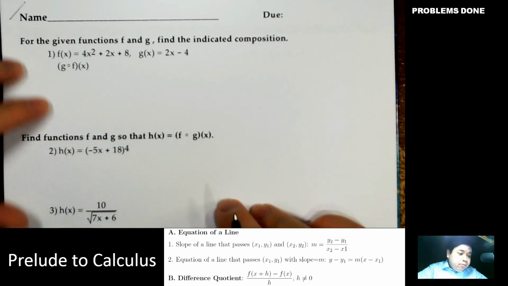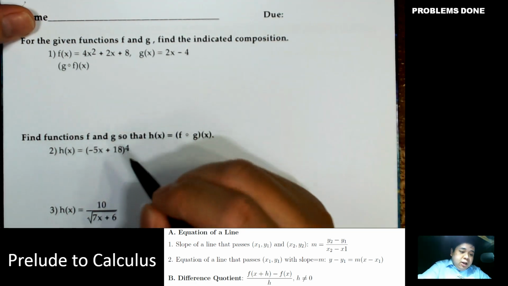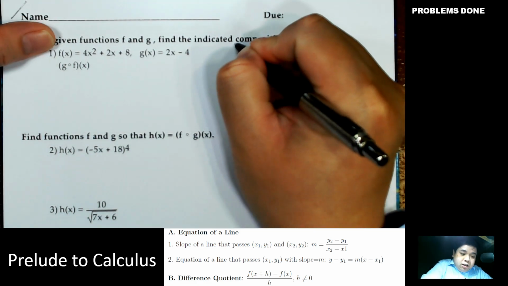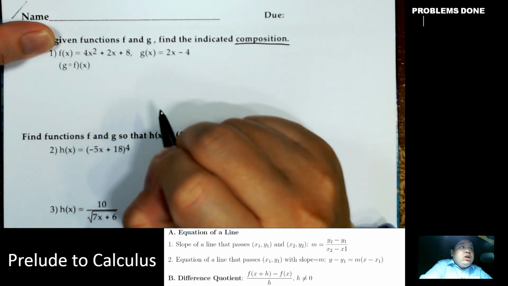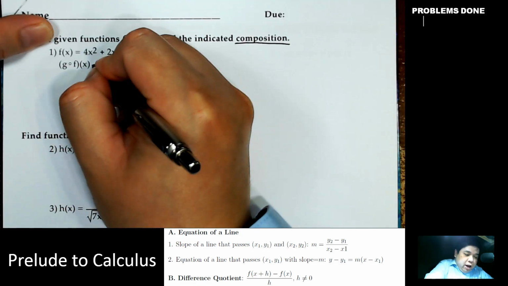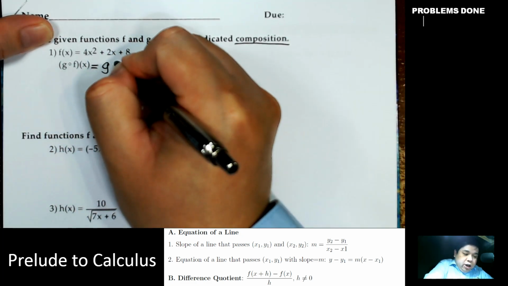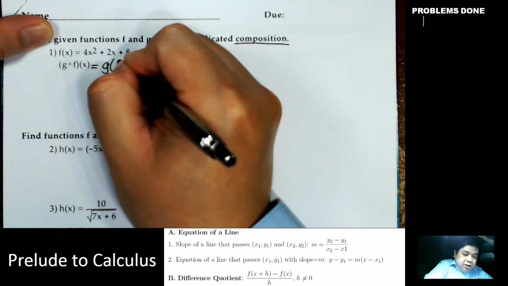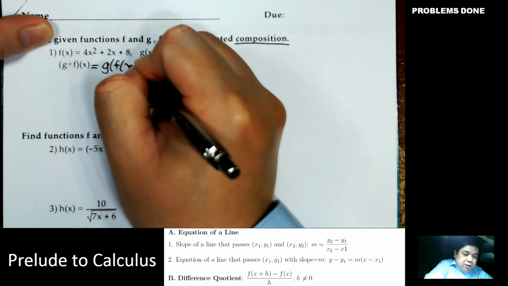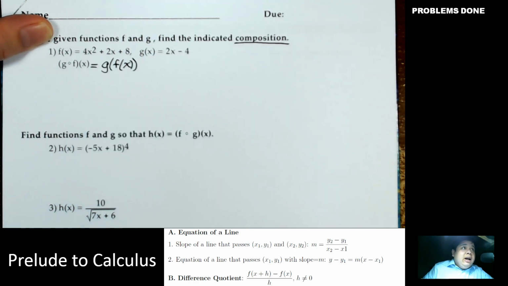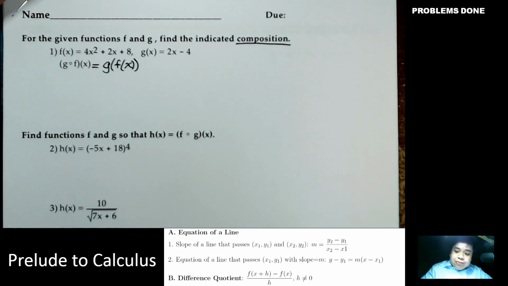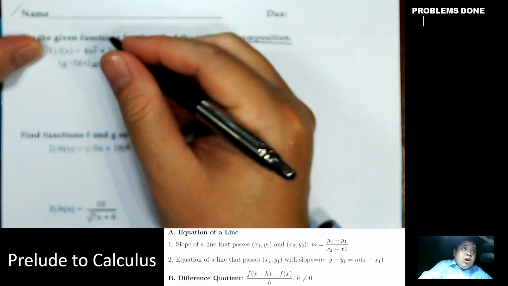The first one. This is the composition, g of f of x. I will start from the outside function.